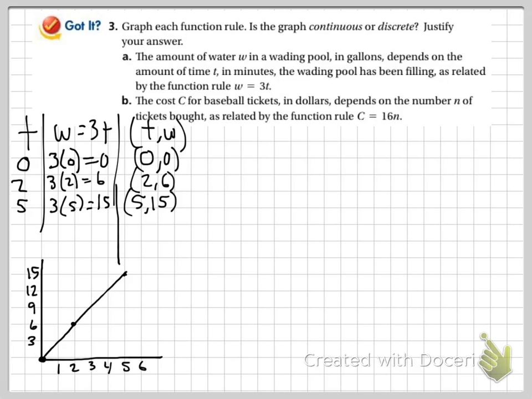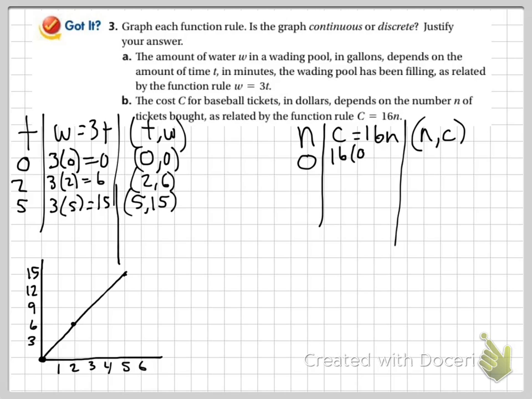Let's look at B. It says the cost C for baseball tickets in dollars depends on the number N of tickets bought, as related by the function C equals 16N. So I'll make a table. N comma C. So I can't buy negative tickets, so I'm going to start with 0. 16 times 0 is just 0, so this is the point 0, 0.